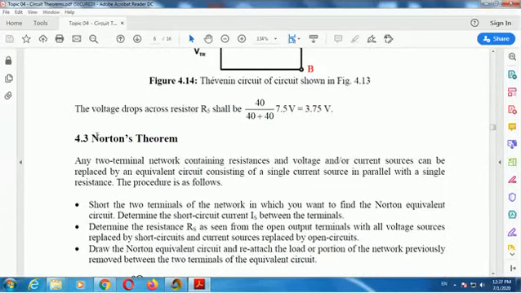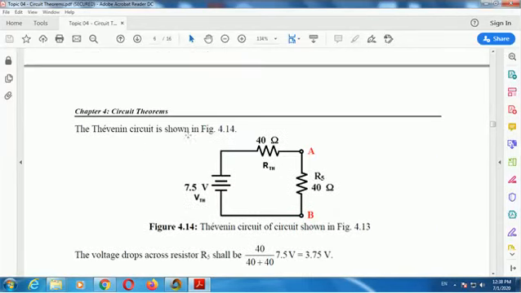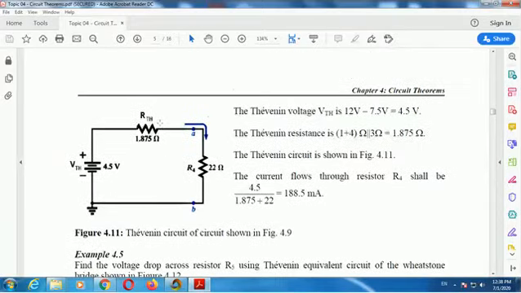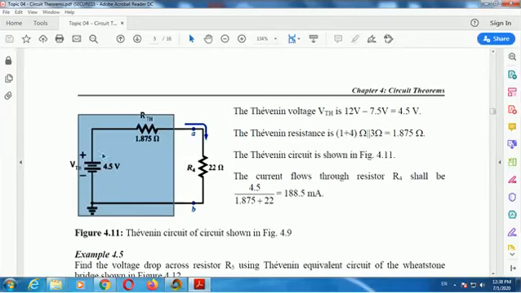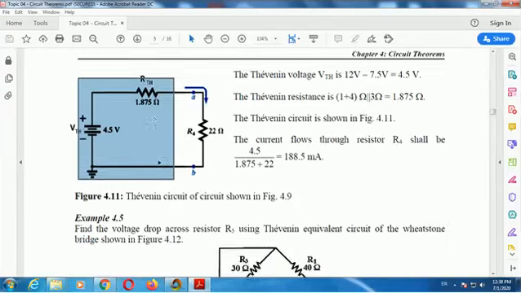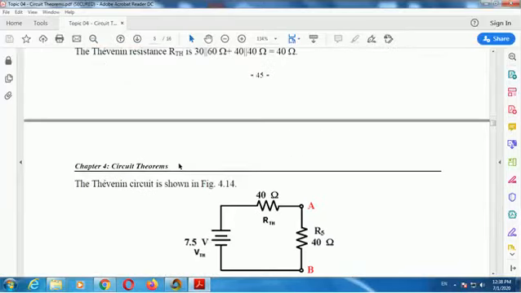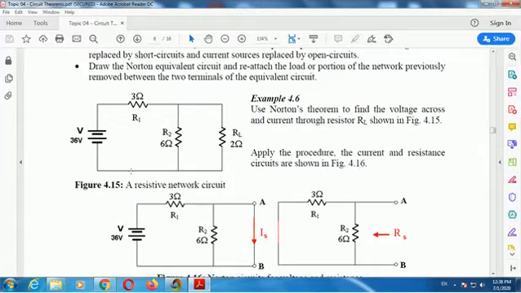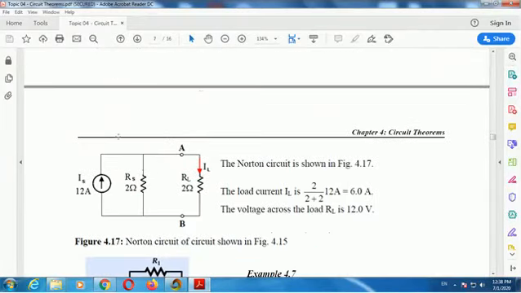Next, Norton theorem. Previously, Thevenin theorem reduces the complex circuit to a single voltage source with a series resistance. Now if we use the same technique, we reduce the circuit to a single current source with a parallel resistance.